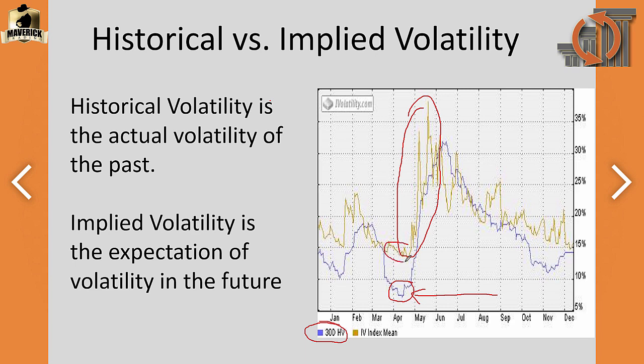But look at where implied volatility was priced. The market sniffed something out. Look at that. The market sniffed out that there was a potential move coming because implied volatility was closer to 14%. Historical volatility was down here at about 7%.